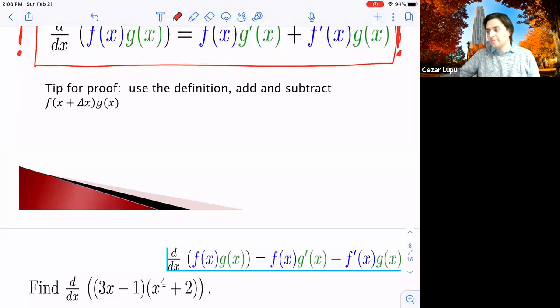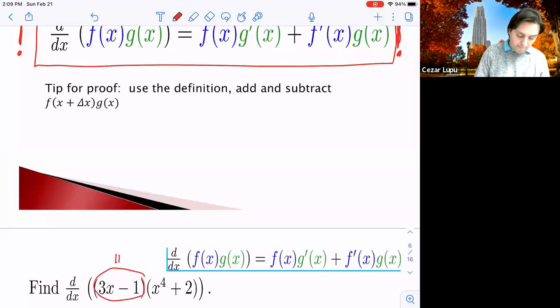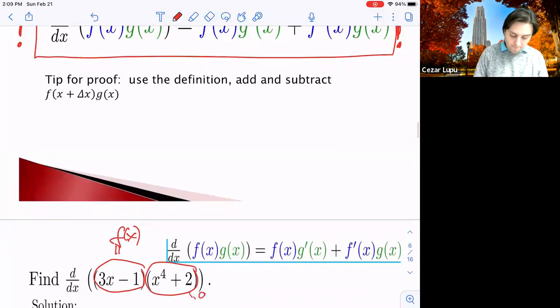If you look closely, this is the product rule for those two functions that we have. In our case, f will be this function, my f of x, and this will be my function g of x.